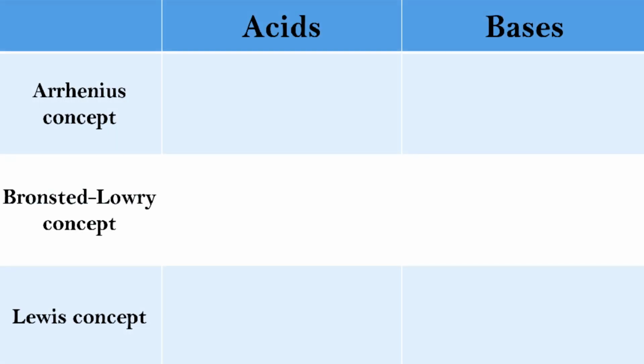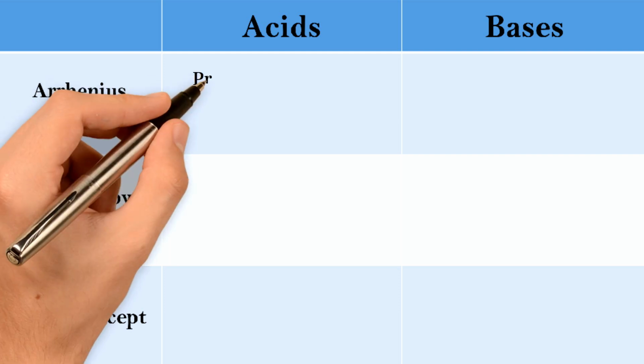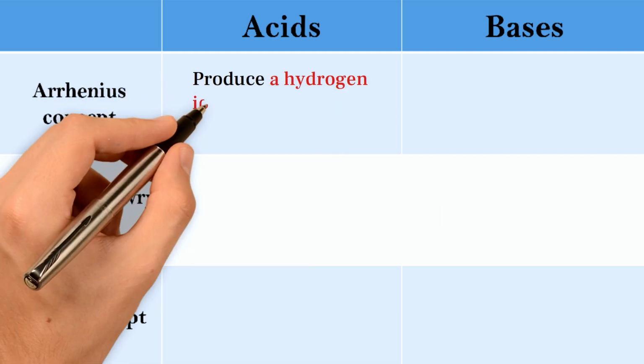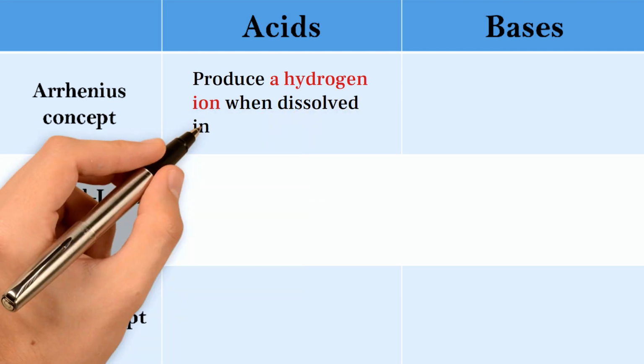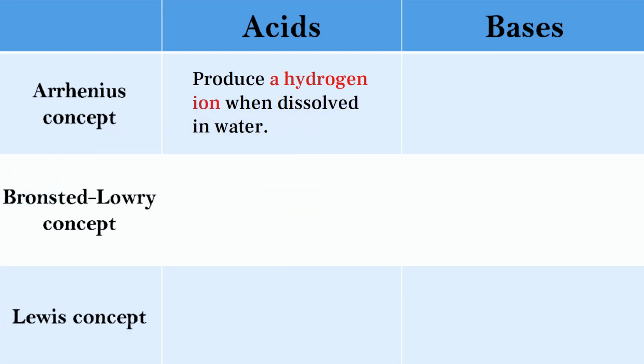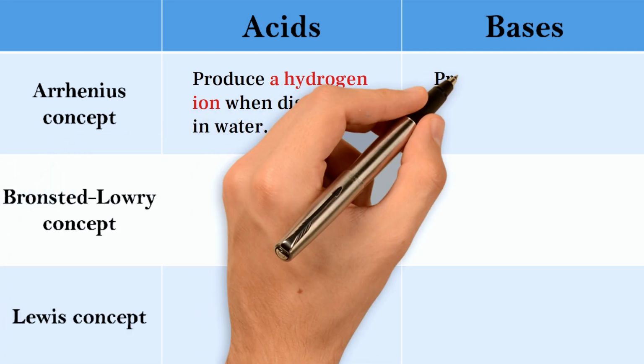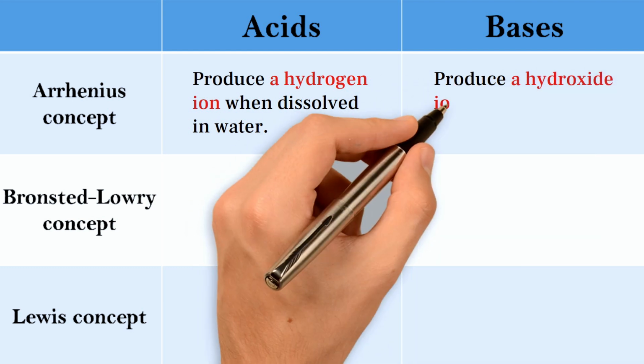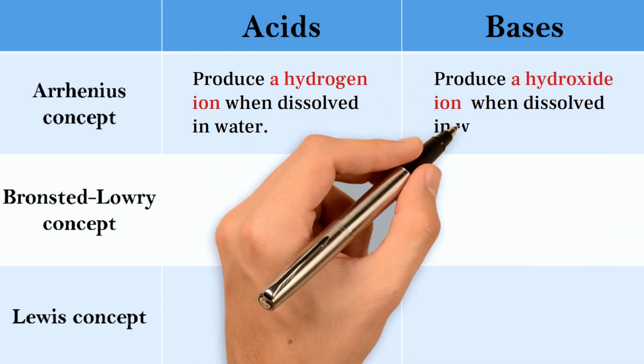At the end, let's compare the acid-base concepts of the scientists Arrhenius, Brønsted-Lowry, and Lewis. Arrhenius defined the acid as producing a hydrogen ion when dissolved in water, while the base produces a hydroxide ion when dissolved in water.